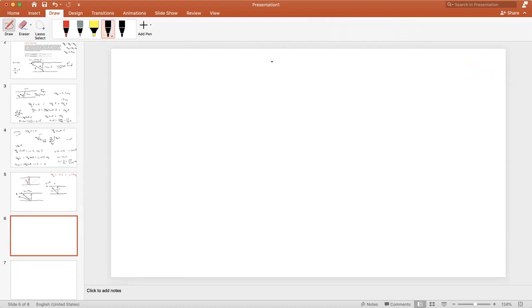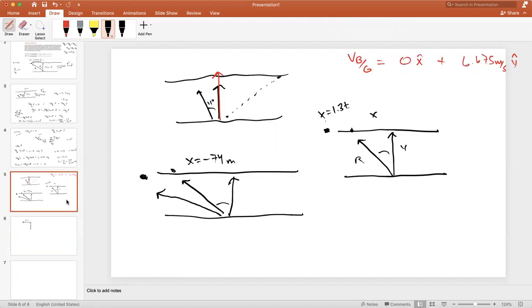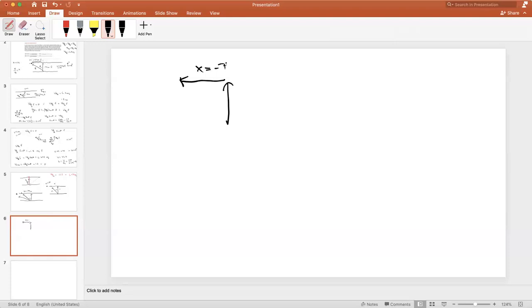So mathematically, what we're looking for is x equal to negative 74 meters, y equal to 120 meters in the y-hat. This is in the x-hat. Remember, it's negative. And we're looking for some velocity that will carry us there times t. And that's where our indexes are going to get a little messy, okay? Because we want to call this v of the boat versus the ground.